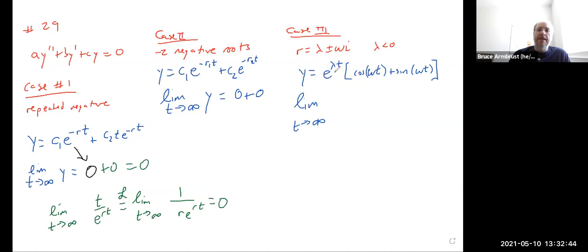But the e to the lambda t, since lambda is negative, is going to equal 0 times whatever cosine sine business. And I know that that is finite. It's never going to be more than 2 for sure. So that also equals 0.